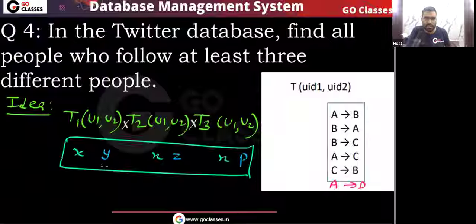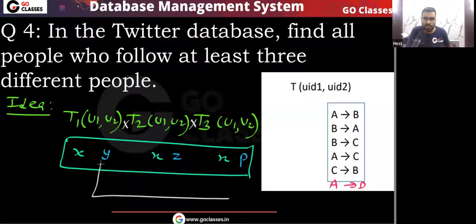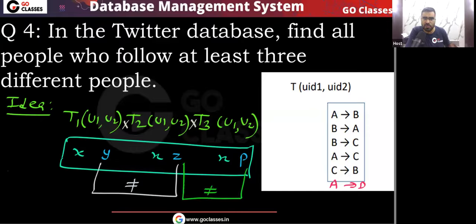So what is the condition? The condition is that these three people should be different. For example, this should be different from this, this should be different from this, and this should be different from this. Okay, correct. And remember, the X's must be the same. This must be equal to this, and this must be equal to this.